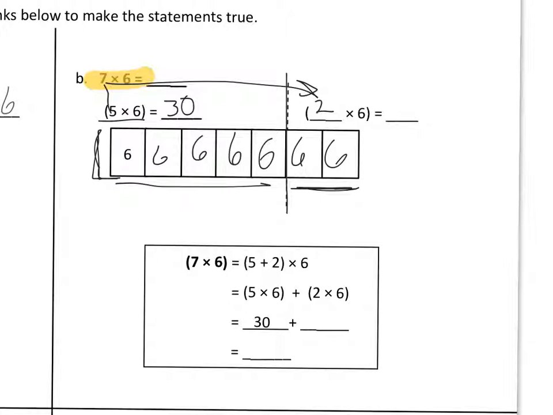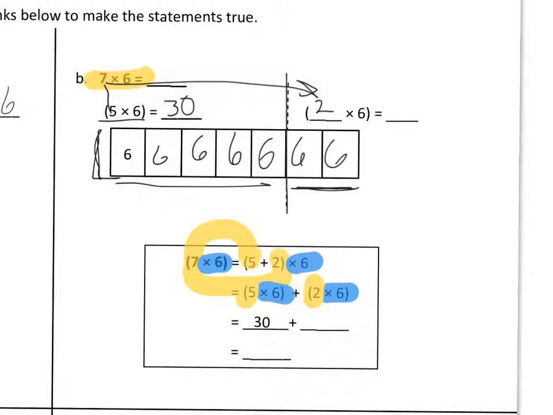So, this 7 right here breaks up into 5, and it breaks up into 2. Okay? The times 6 is going to stay the same there, and there, there, there. So you can see where all those 5s and 2s come from.